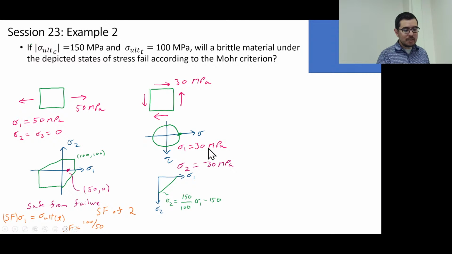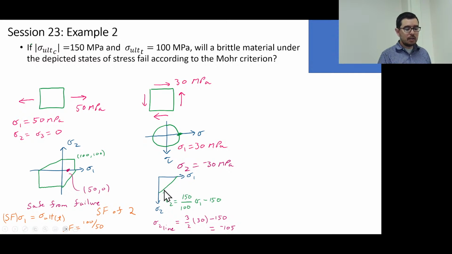If I plug in sigma 1 into this formula, that will tell me where this sigma 1 is on the line. That corresponds to this line if I use this formula. So if I plug in sigma 1 here, sigma 2 on the line is going to be equal to minus 105. Because this is the overall plot and this goes out to 100, I'm 1/3 the way across.